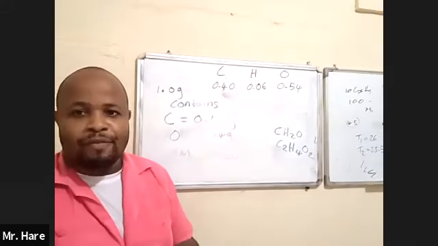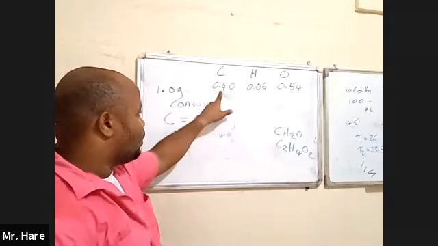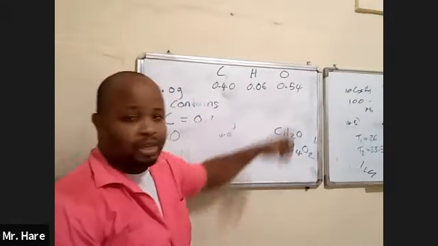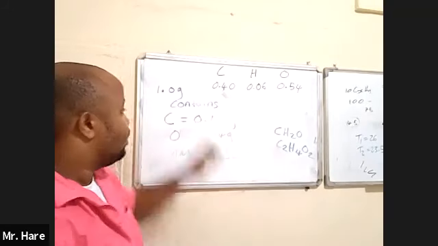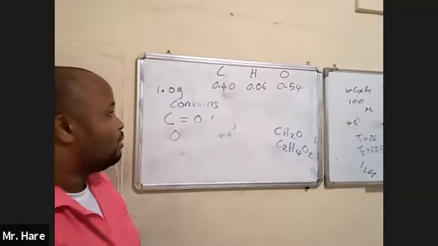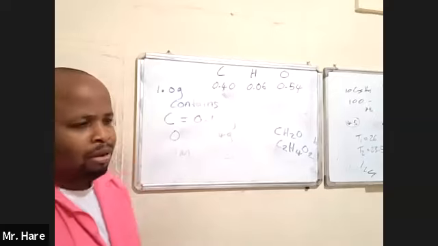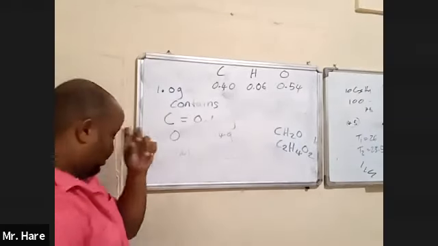That means whatever is remaining is hydrogen. So you add up the mass of carbon and oxygen and subtract your answer from the 1 gram of the sample. That is how we get 0.06. Okay, thank you.